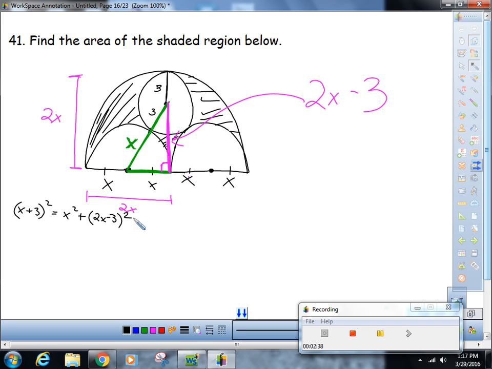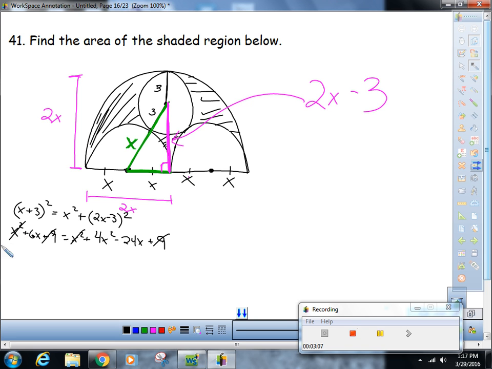Just Pythag, complicated Pythag. Next we got to do what acronym? We have to FOIL. So that's x squared plus 6x plus 9 equals x squared plus 4x squared minus 24x plus 9.